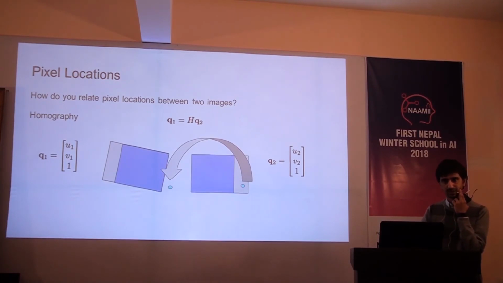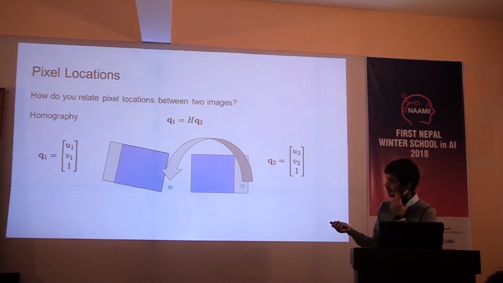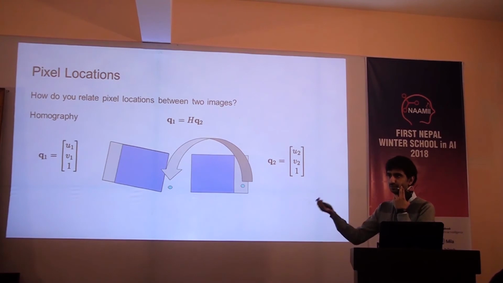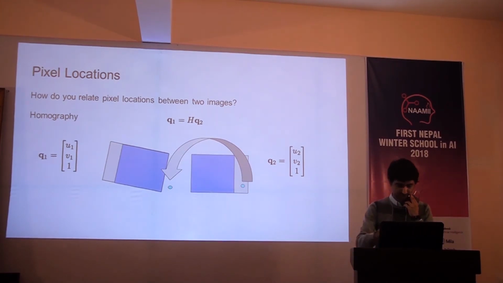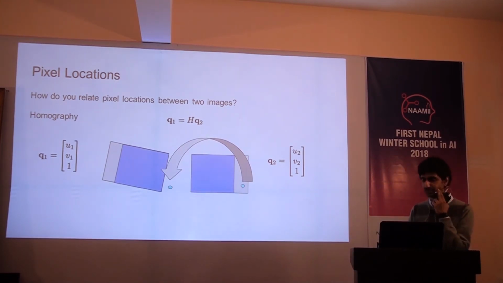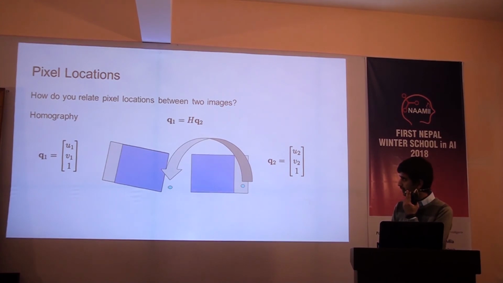You need 8 equations to solve this. So I think Vishesh is going to talk about other kinds of transformations that you have in images, especially in medical images. And we will carry on with the course.